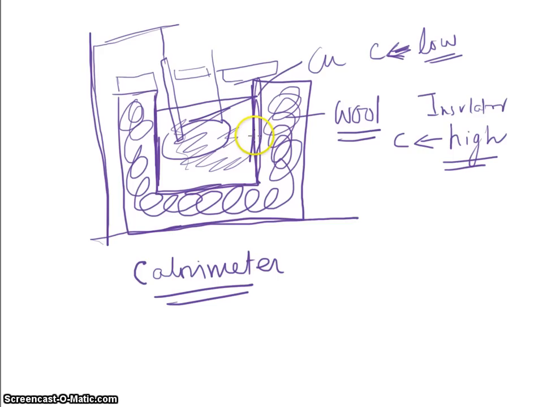The reason is that copper has such low specific heat capacity. That's the whole idea. But nevertheless, there is a certain amount of heat absorbed by the calorimeter. So let's say this liquid is B. Then I heat liquid A and then I mix it, right?